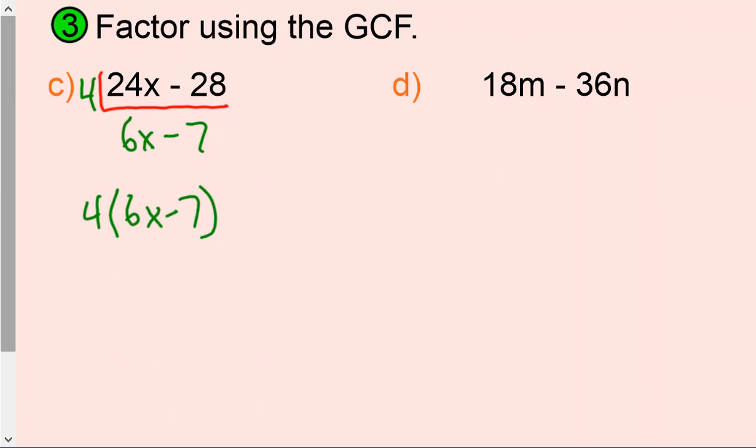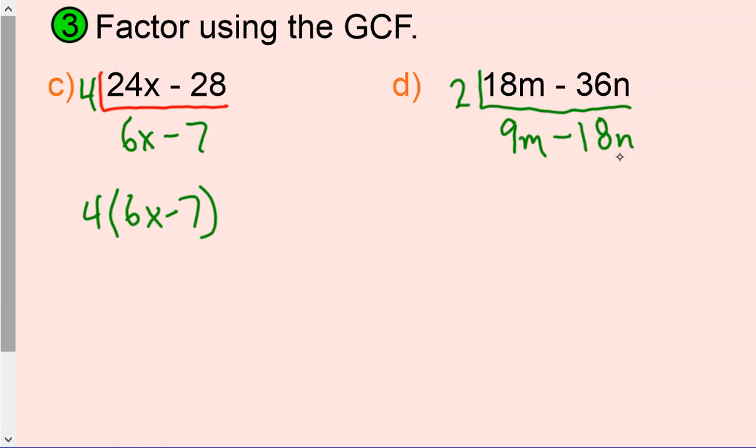And for D, I'm going to go ahead and use the boat division. So we're putting our expression into the boat, and I'm going to start by dividing by 2. So divided by 2, 18m would be 9m, and negative 36n divided by 2 would be negative 18n.